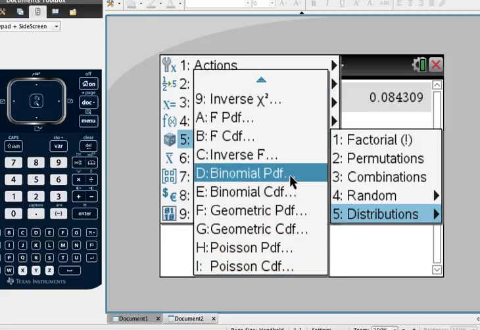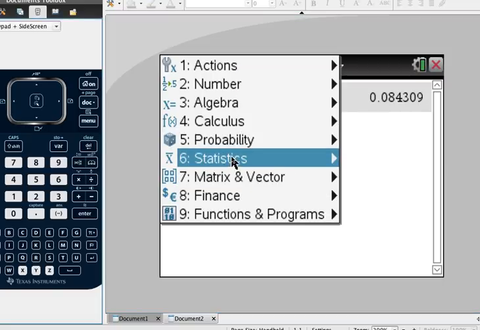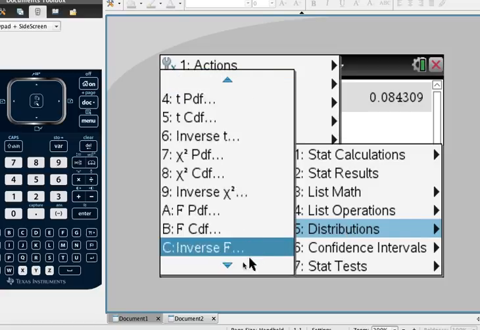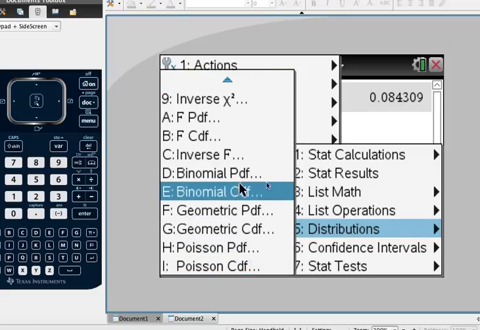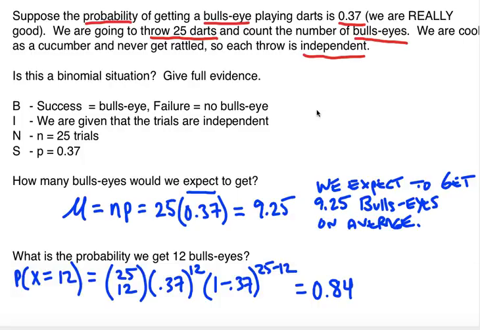Oh yeah, I can get it that way, or I can go menu 6.5 and then get it there as well. So there's a couple different ways you can get it, but I'll try to follow what I said, menu 6.5, just so we don't get confused.